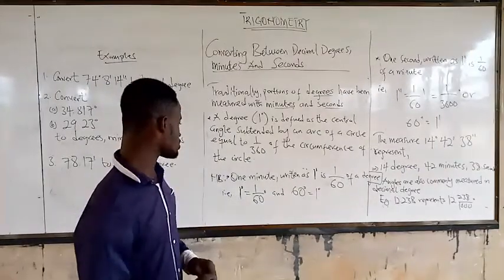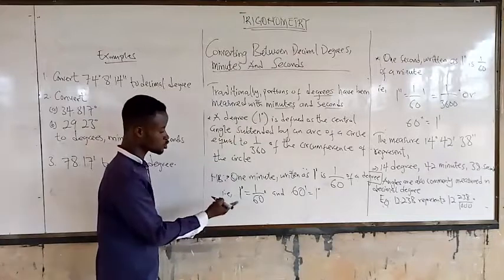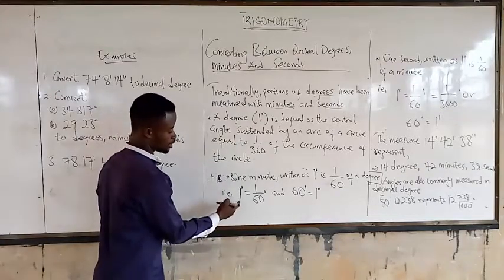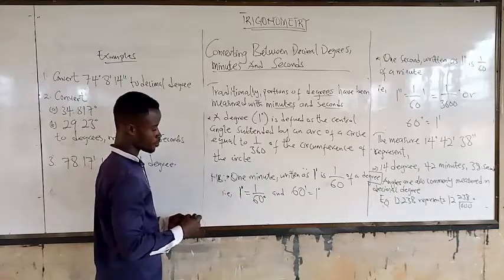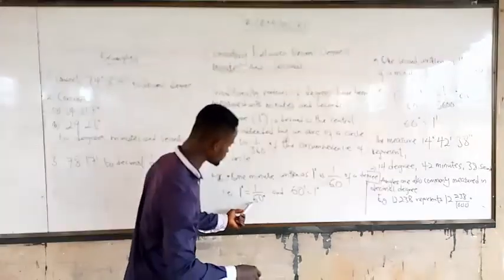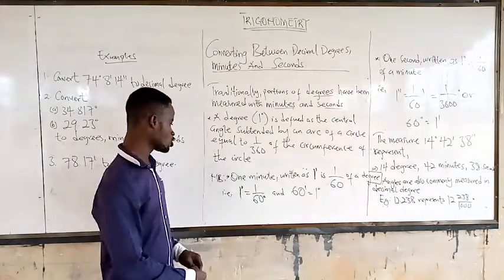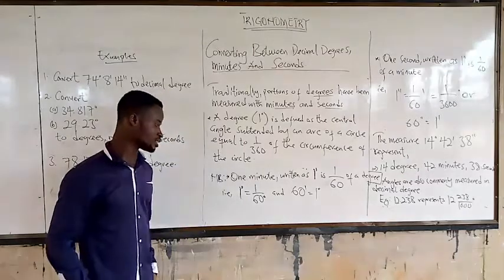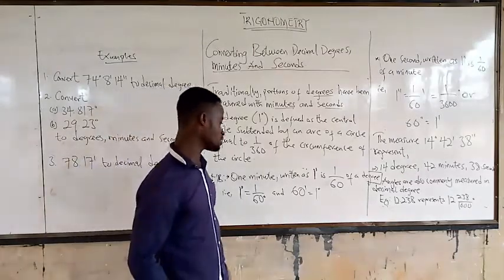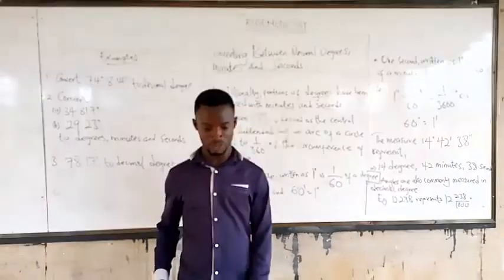I said 60 degrees, sorry. 60 minutes. Like, let's do cross multiplication. If here is 60 minutes, alright, and you want it in degrees, then when you multiply, you're going to get it. So 1 minute is equal to 1 over 60 degrees. And if it's 60 minutes, it's equal to 1 degree.